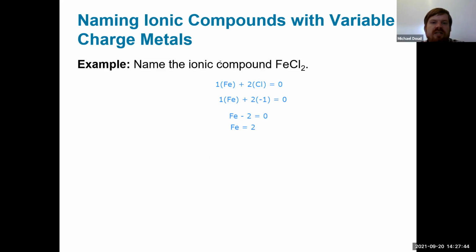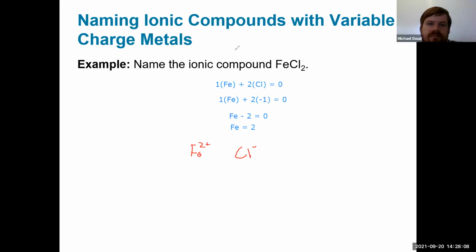Okay, that's great. That means that we have a positive 2 charge on our iron. So that means that we have a combination here of iron 2+ and chloride minus. Sorry, this 2 did not turn out very well. Let's try one more time. 2+. Okay, there we go.